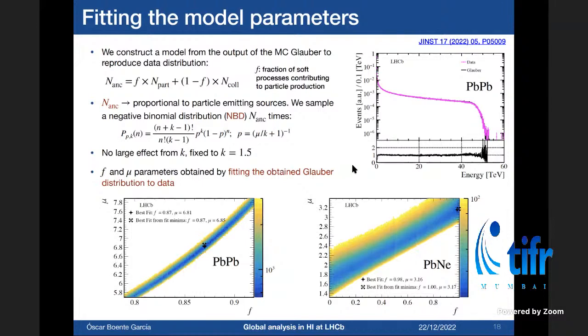Yeah, I think you're right. The reason to use Glauber is mostly because it has been quite well tested in the most central region. It has been used for a lot of years, and it seems that these fluctuations are suppressed in the central region because you have so many participants that the model works, let's say. As you said, this is a model and needs to be tested, yes.